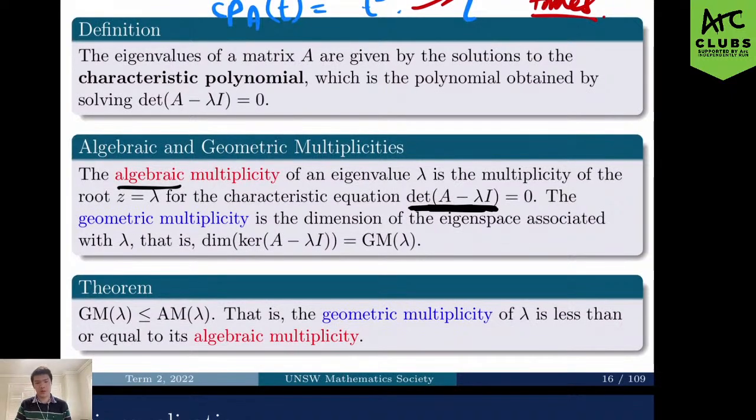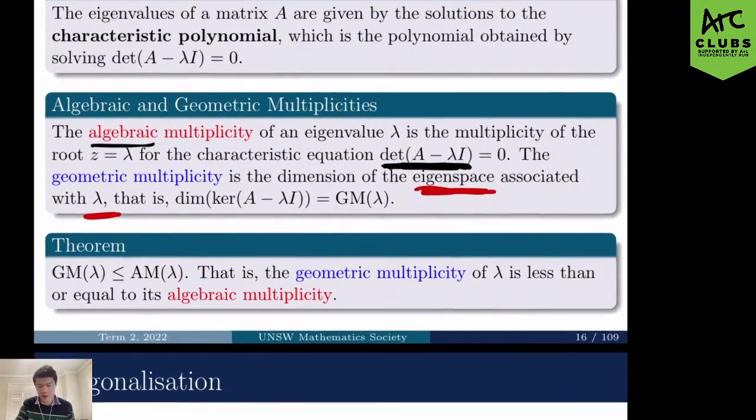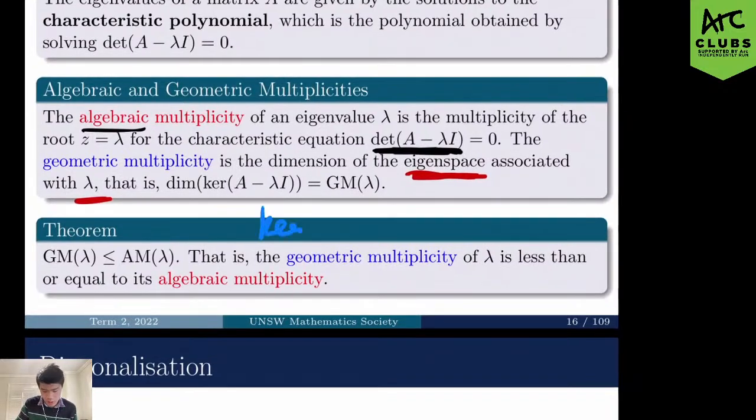The geometric multiplicity is the dimension of the eigenspace associated with lambda, right? Because if you recall, we were solving for the kernel of A minus lambda I. And we always know we're going to get at least one eigenvector out of this if lambda is an eigenvalue. But we could very well get multiple, so the kernel could be a span of multiple vectors.